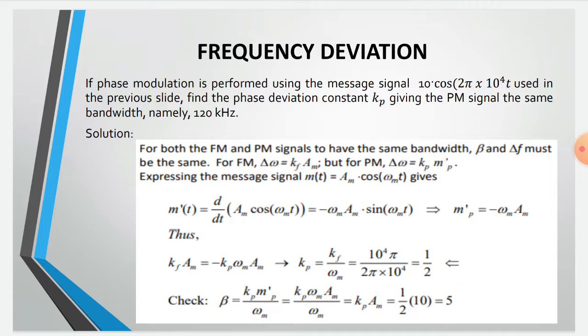For FM, delta omega is equal to kf Am, but for PM, delta omega is equal to Kp m prime p.